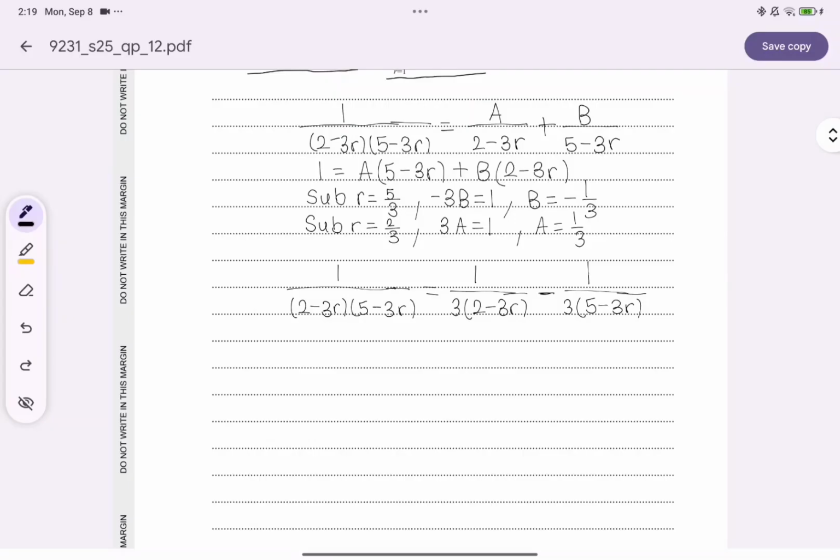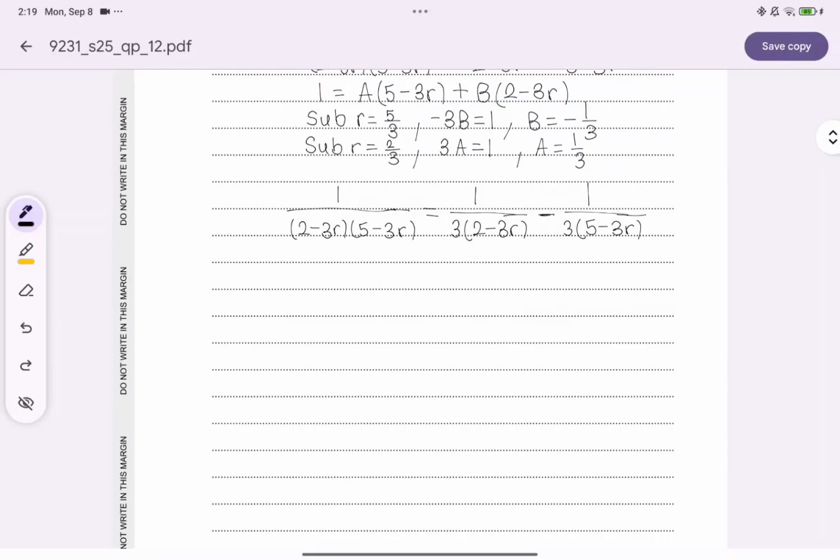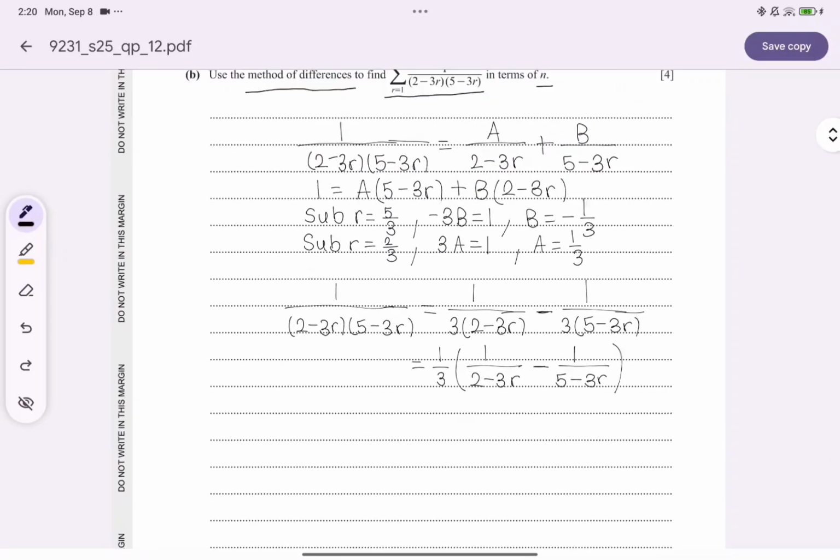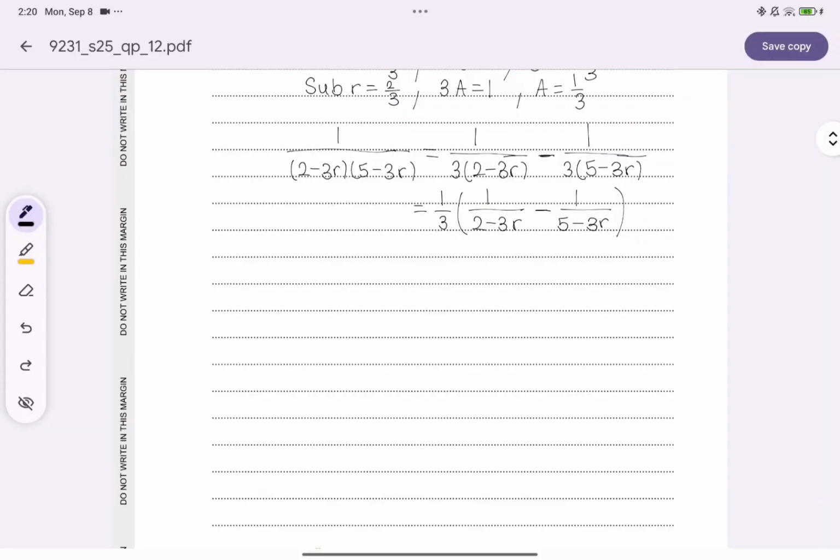And to simplify this further, we can see that both of the terms have 1/3 as the common factor, so we can factor that out. So this would be 1/3 times (1 over 2 minus 3r minus 1 over 5 minus 3r). Okay, now let's write it in our summation.